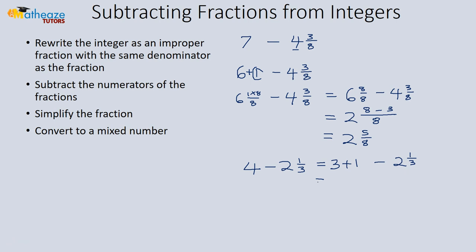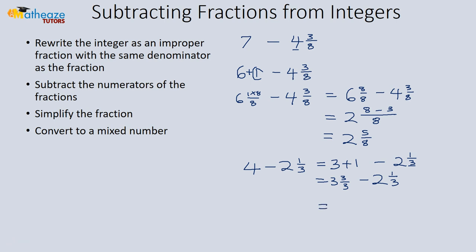And now we're going to rewrite that 1 with a denominator of 3. So that's going to be 3. Then we're going to multiply 1 by 3. So because it's a denominator of 3, you can just multiply the numerator by 3 and the denominator by 3. Minus 2, 1 over 3.